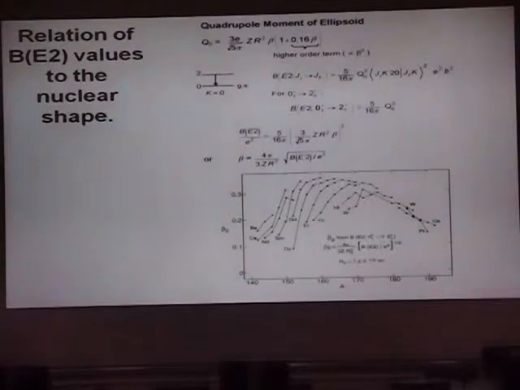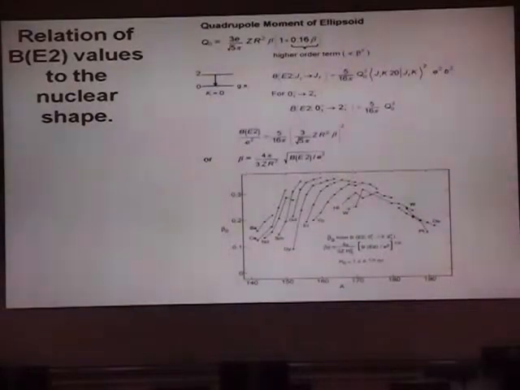One last thing. Relation of BE2 values to the nuclear shape. I'm not going to derive this, I'm just going to tell you. The quadrupole moment of a nucleus, that's a measure of the deformation, is given by some numbers times the deformation beta, that's the elongation of the nucleus, times some higher order terms.